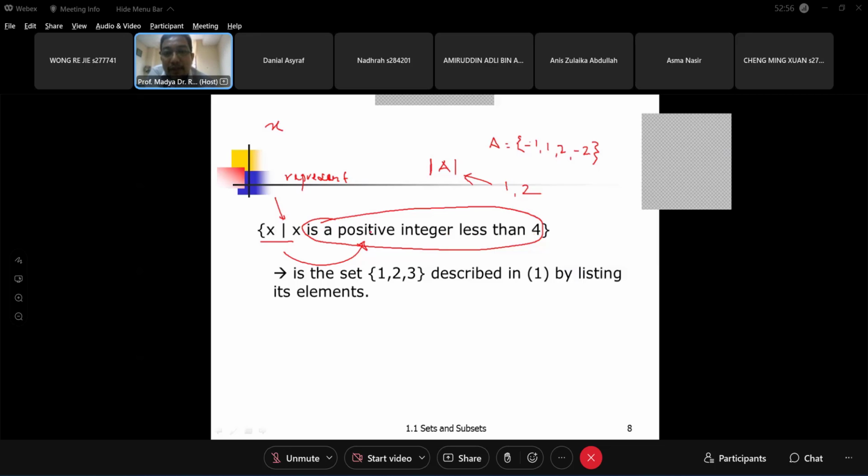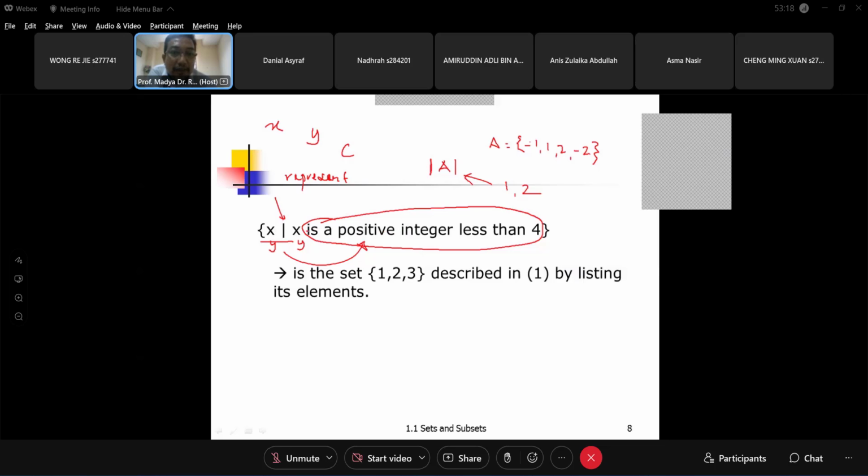As a variable we put X. We can put Y, we can put C. If we put Y here, we must also put Y there, to show this is the description, the declaration.